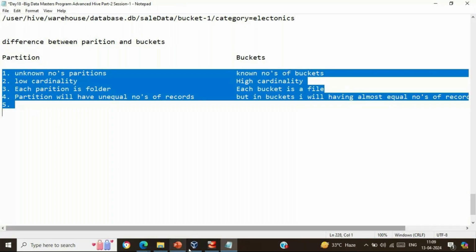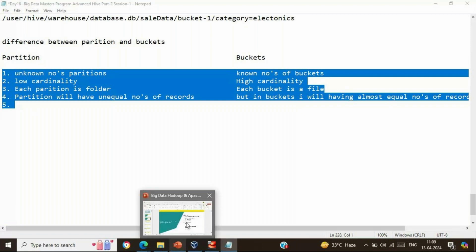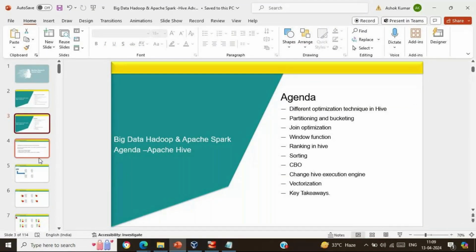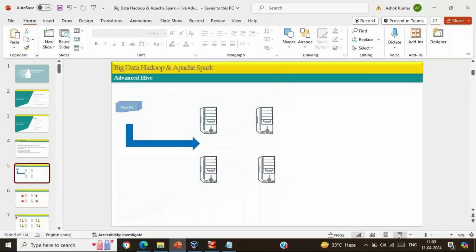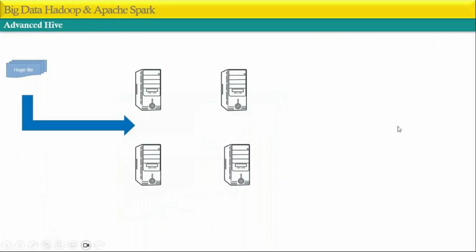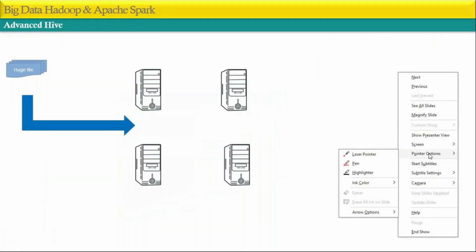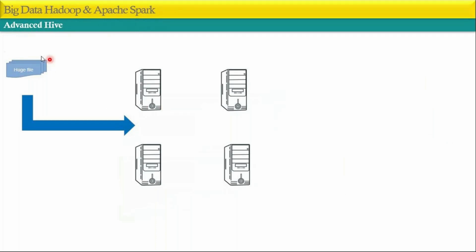So what is happening once we are dividing the data? Just have a look at these particular diagrams, then you will be having a good understanding. Say we are having a particular file, a huge file, and what we are trying to do is store this huge file into different machines.